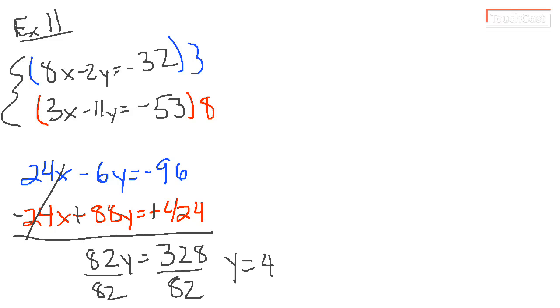I'm going to take that and put it into one of my original equations. I'm going to do the first one. You can do the second one if you want and see that you'll get the same answer. So if we go 8x minus 2 times 4 equals negative 32, we want to solve this for x.